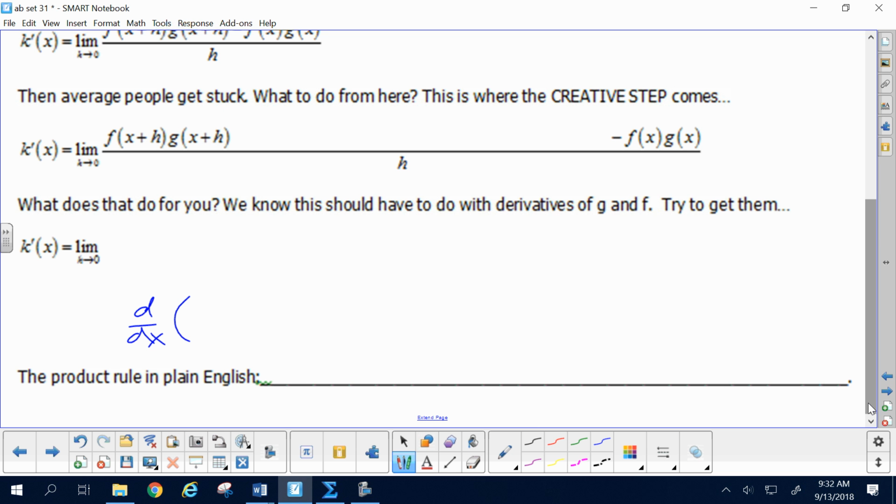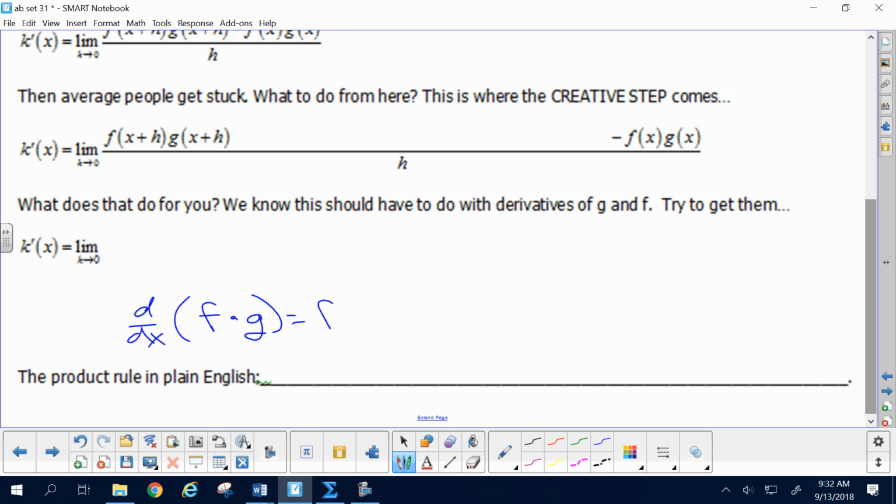If you take the derivative of a product, by a product I mean two functions, f of x and g of x, and I'm not even writing the arguments, then the rule is you take each one's derivative. You are going to need to know each one's derivative.